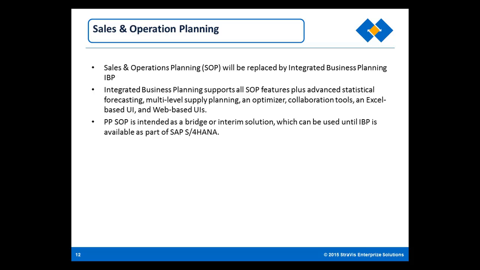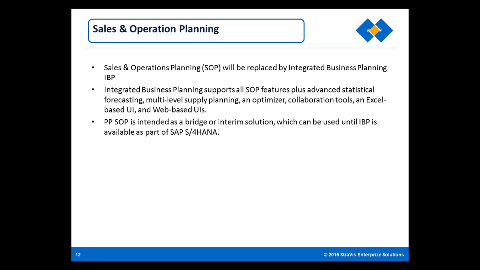And coming to sales and operations planning, it will be replaced by integrated business planning. Right now it is still under development, not yet developed, not yet integrated. However, the standard SOP with standard planning and flexible planning is still available in HANA.